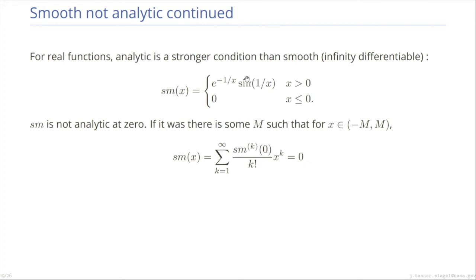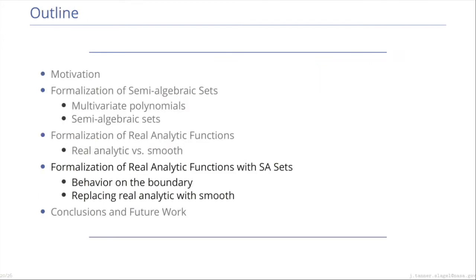However, it is easy to see that SM of x is not 0 in any ball around 0. With e to the negative 1 over x sine of 1 over x, you can find points such that SM is not 0. And of course, we had to find these points in PVS to verify that it wasn't 0.